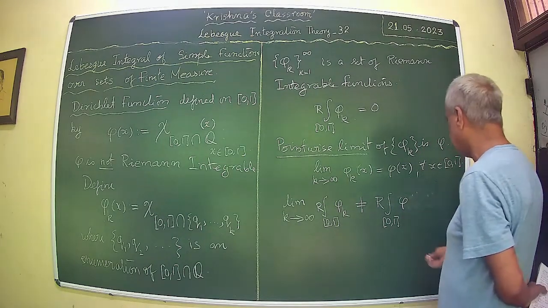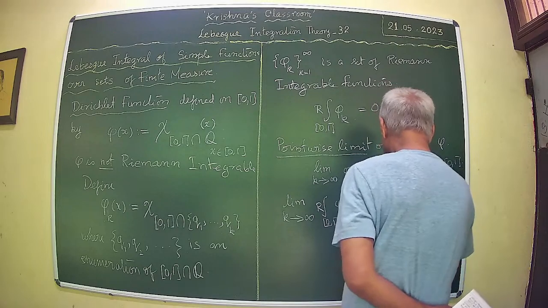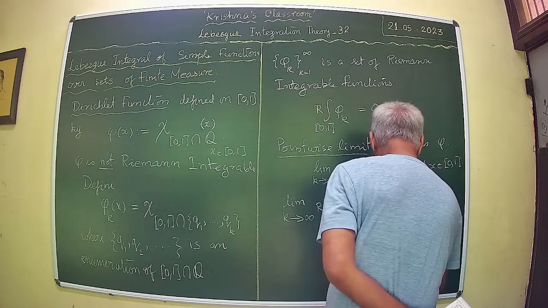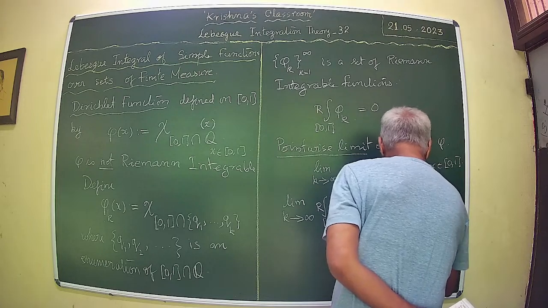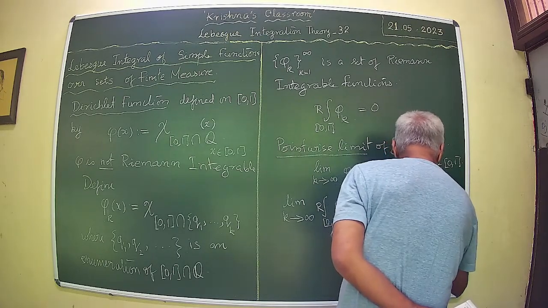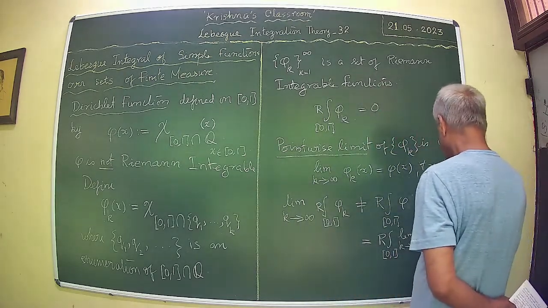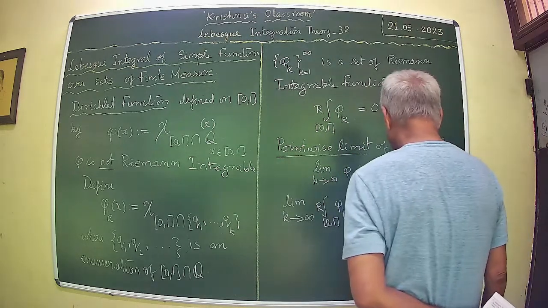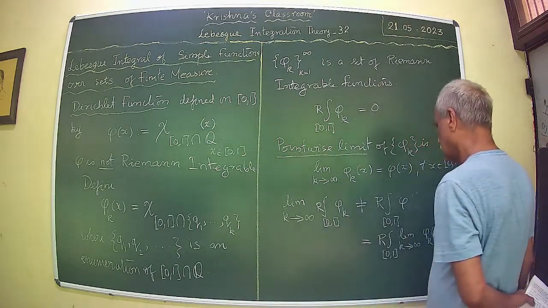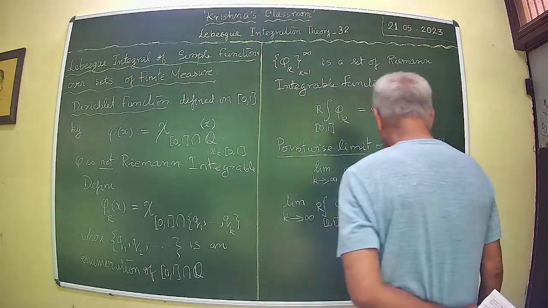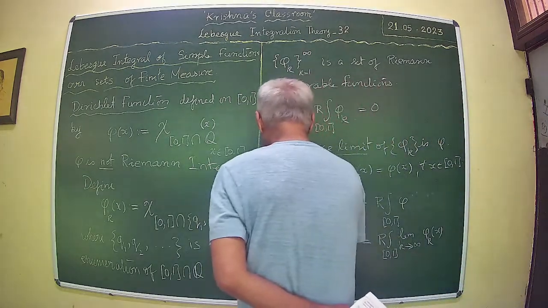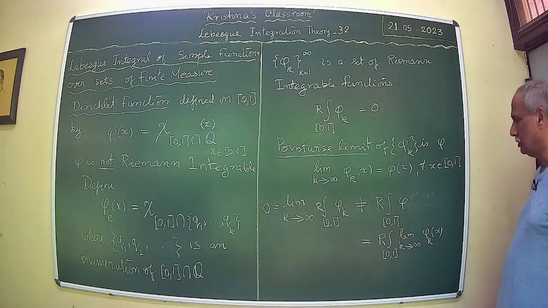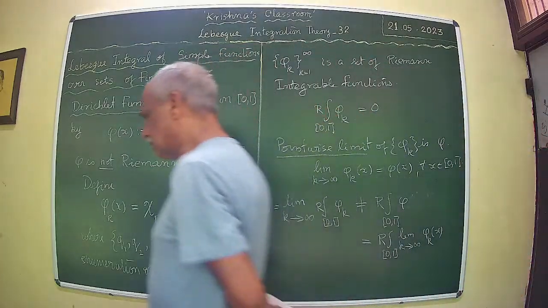Why does this not exist? The limit of the integrals is essentially equal to 0, because each one of these is 0, therefore the limit as k tends to infinity is 0. But the limiting function is not Riemann integrable.